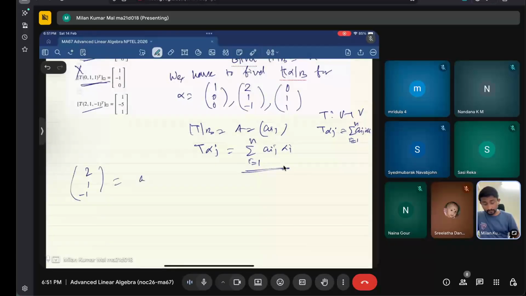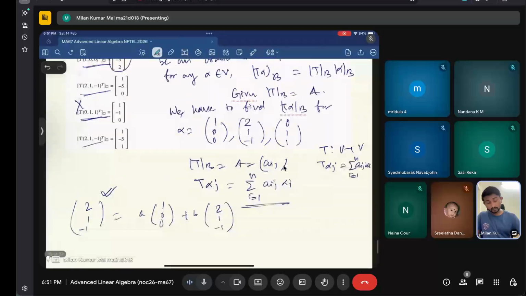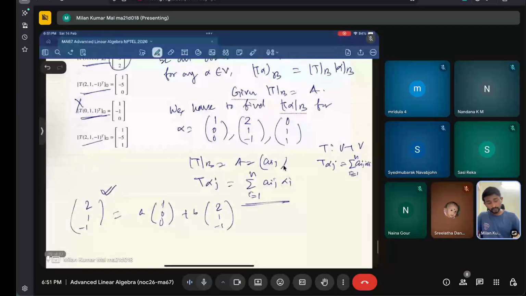This equals A times 1 0 0 plus B. I have to first express this vector with respect to this ordered basis. Sorry, I wrote it a little wrong. So the ordered basis is 1 2 1. Alpha 1 is equal to 1 2 1, alpha 2 is equal to 0 1 1, and alpha 3 is equal to 1 0 0.